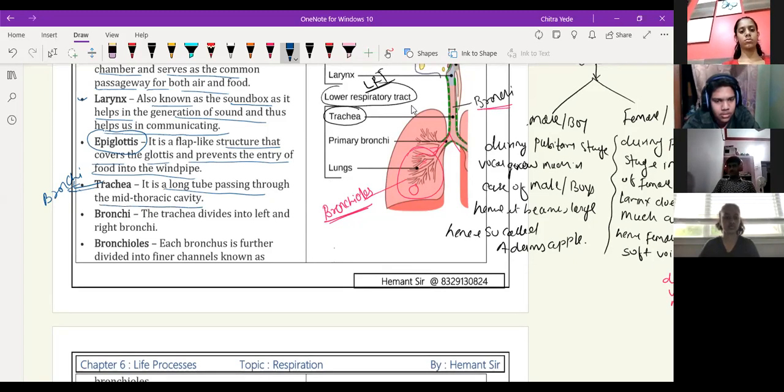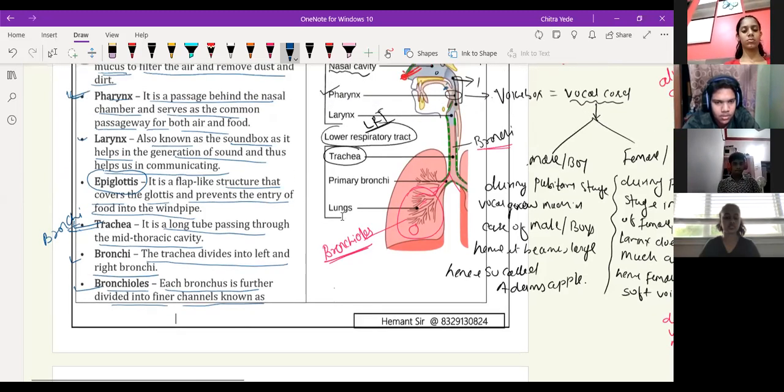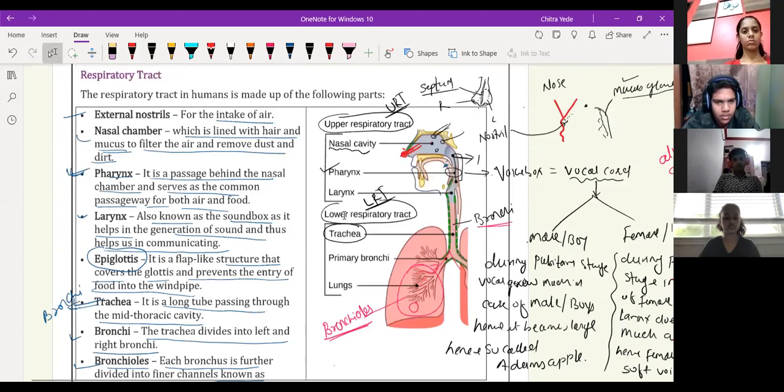From here it passes through and then divides into two parts: one is called the left bronchus and another is called the right bronchus. The bronchi again redivide into finer chambers known as bronchioles.